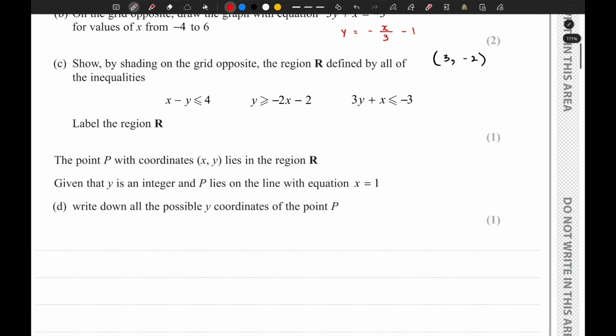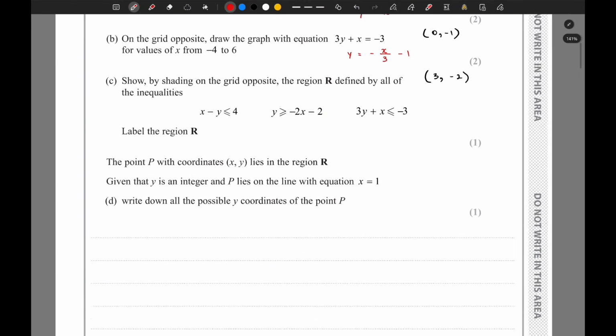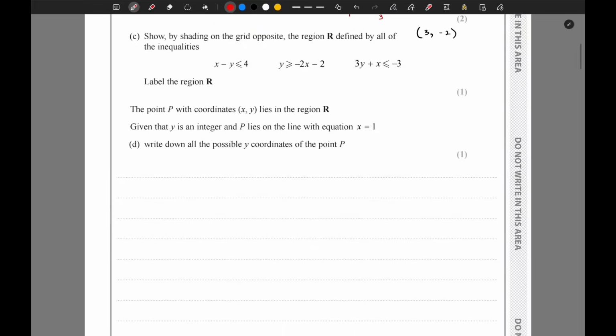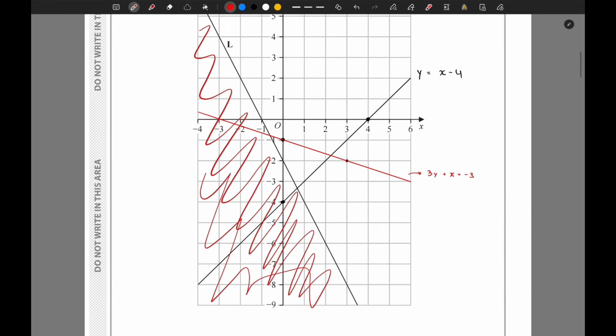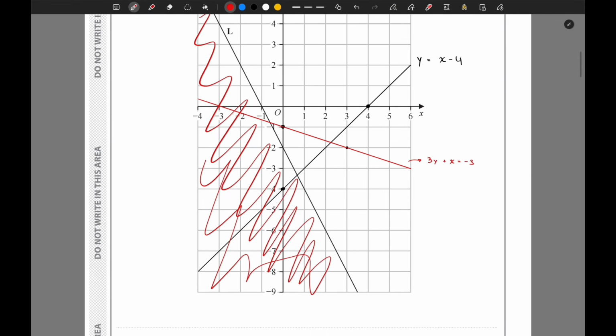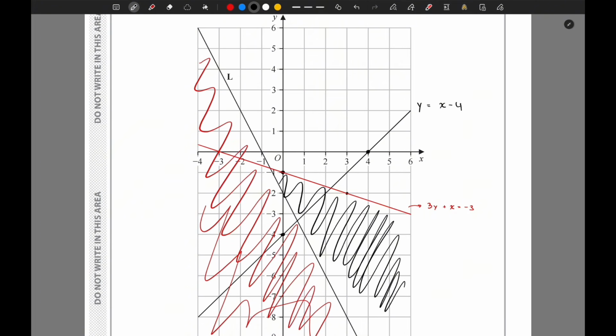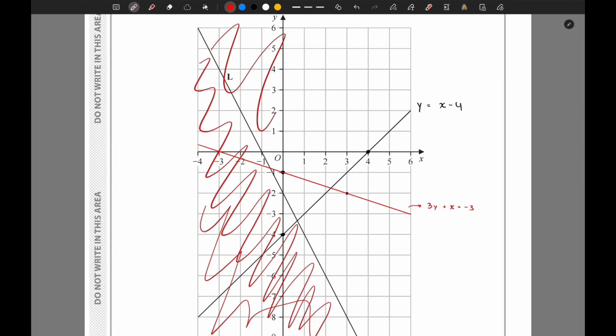Now the other one is 3y plus x is less than or equal to 3, which means that they're talking about this region, because this is the line. So this region is eliminated.